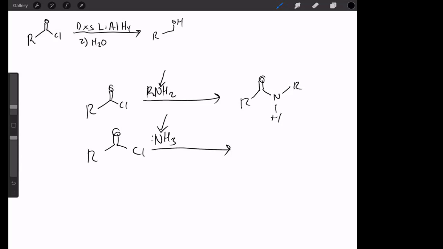There's the nitrogen to form RCONH2. Is that what you were asking about? Yep. But remember, in both of these situations, I need 2 equivalents. One to do the nucleophilic attack, and one to act as the scavenger for the acid that gets created.